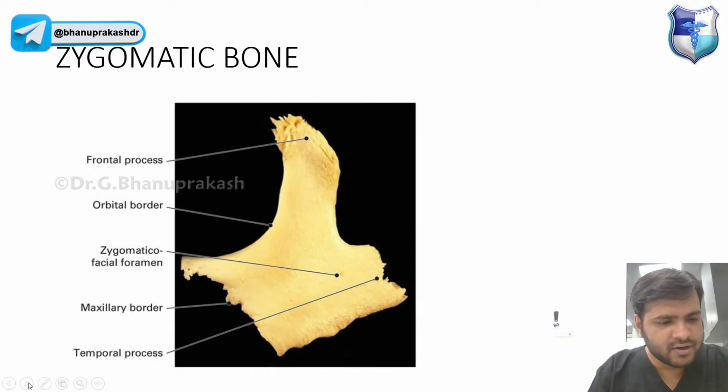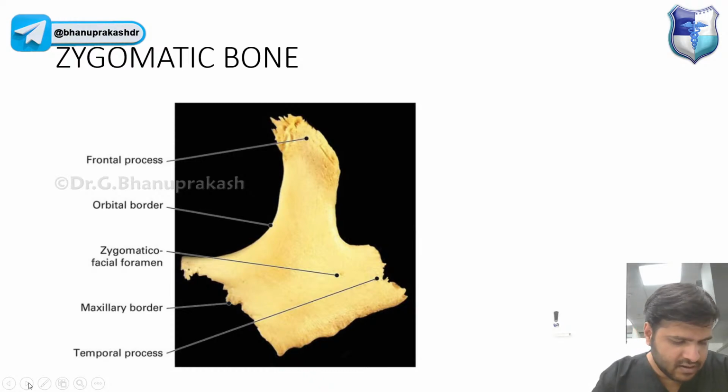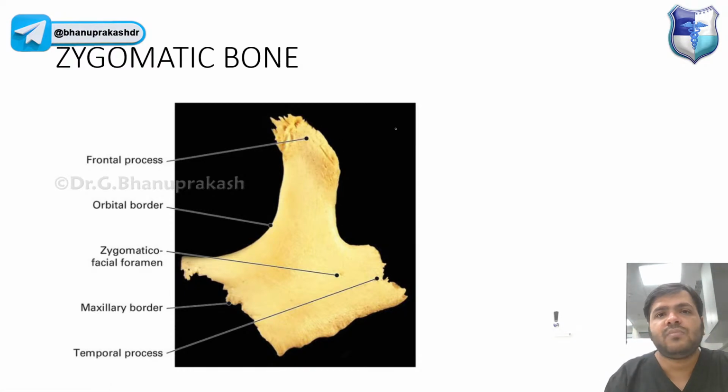Now coming on to the zygomatic bone, guys. If you can just see over here, this is a paired bone. You should know it is diamond shaped.